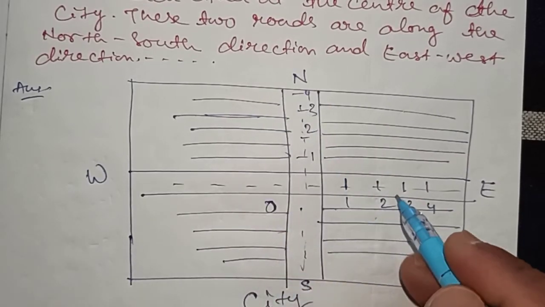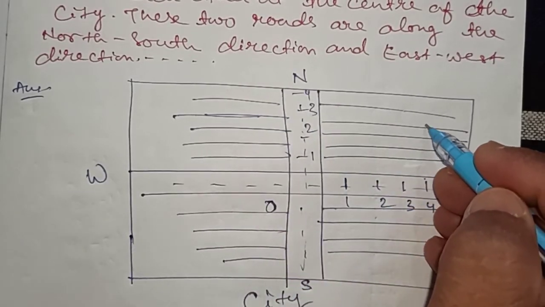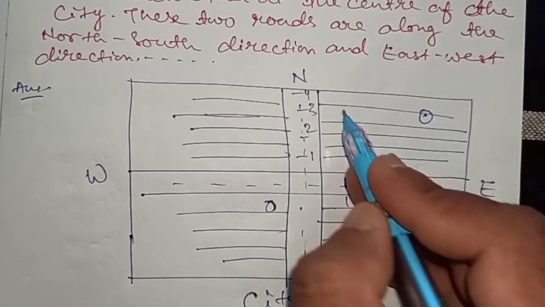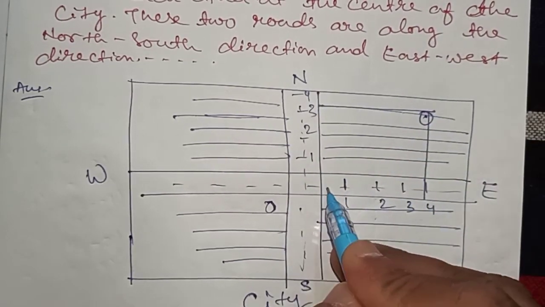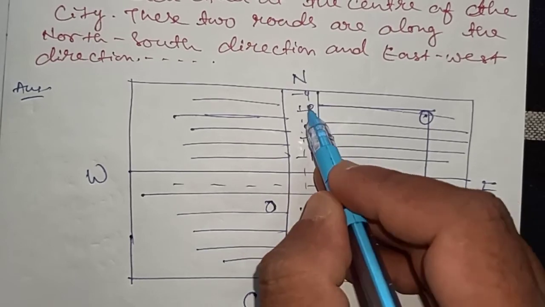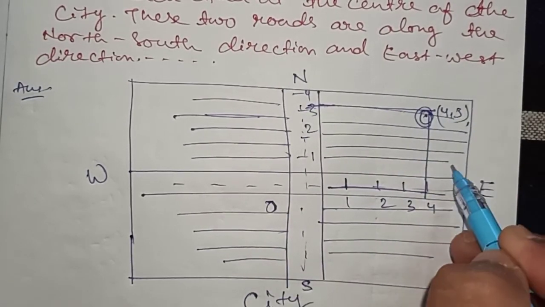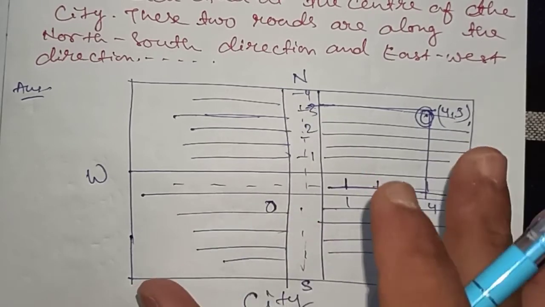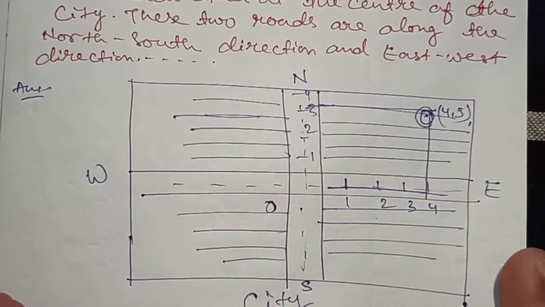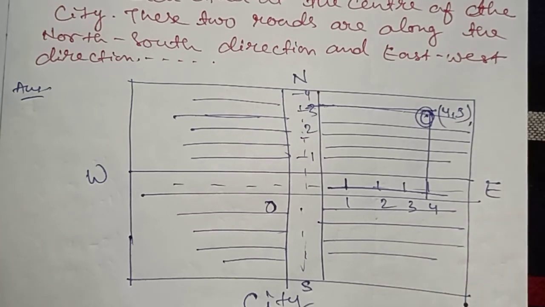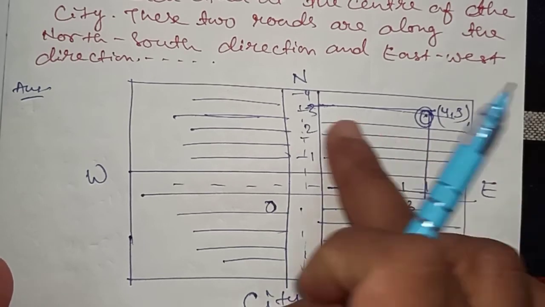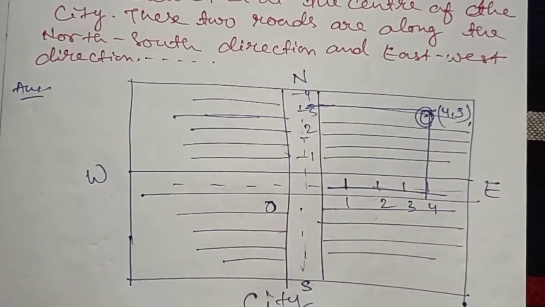So the 4 comma 3 point will come on this street. If we join them on the fourth line of the x-axis and the third line of the y-axis, we will get the coordinates. In this way you have to draw a model of the city which will satisfy the conditions of the question. So you try this by yourself.